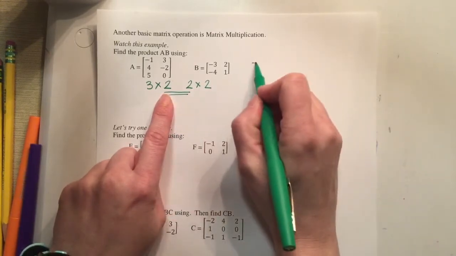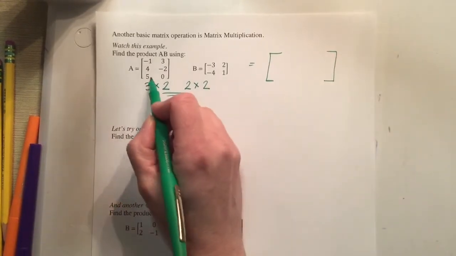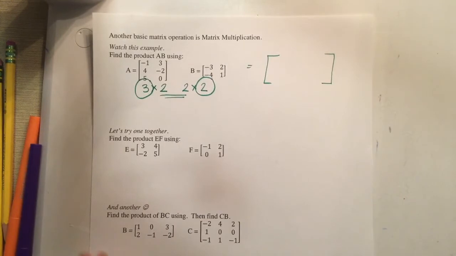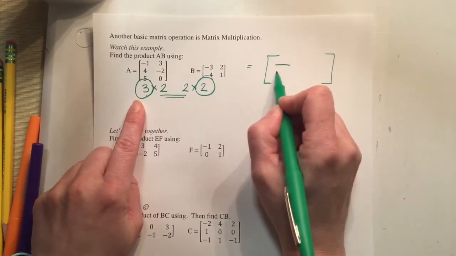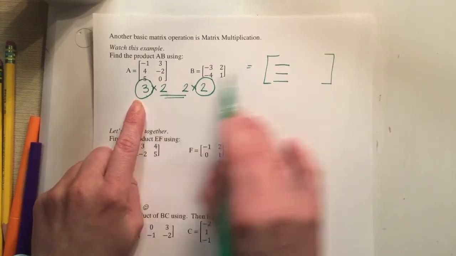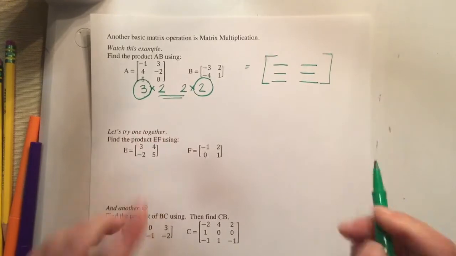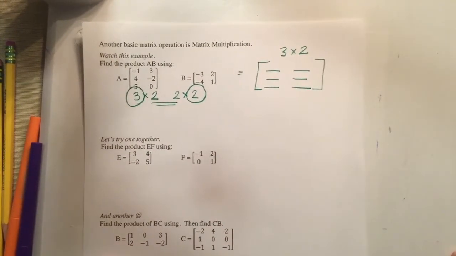If they match, then yes, we can find the product. To figure out the size of the product, meaning what is the dimensions of your matrix going to be, this is going to be a 3 by 2. So that means I go down 1, 2, 3, because this is how many horizontal rows I would have, by how many columns. So my solution is a 3 by 2.